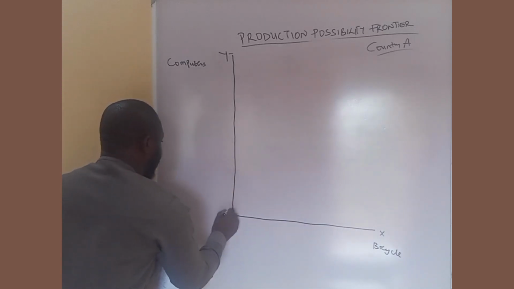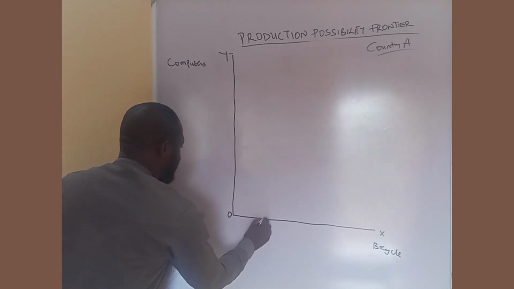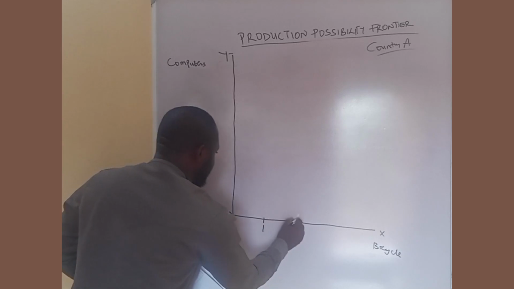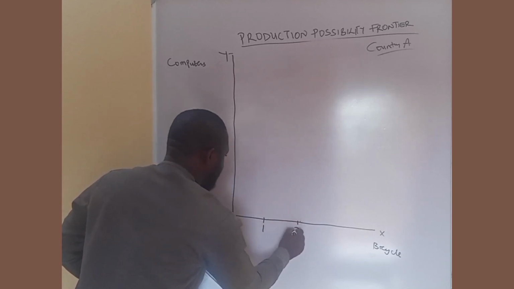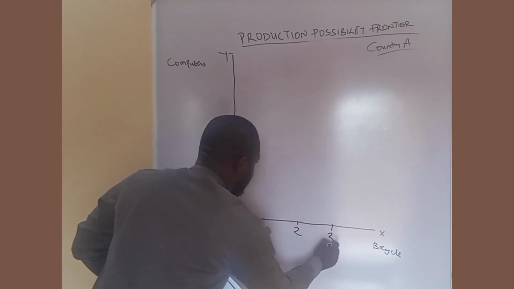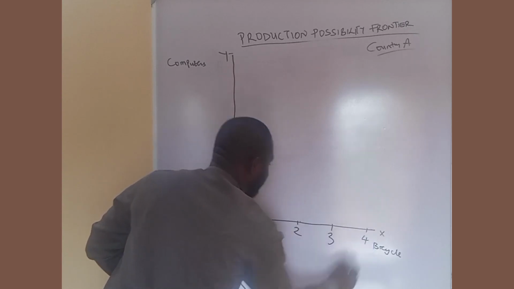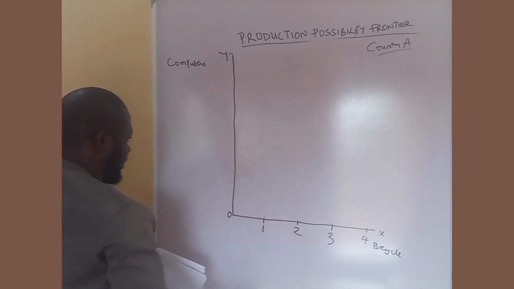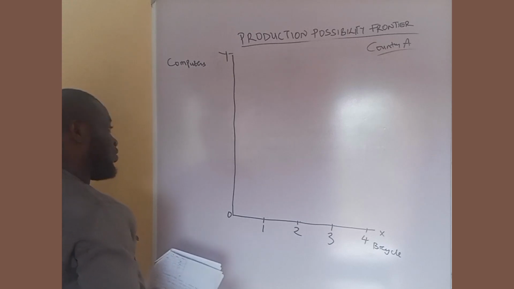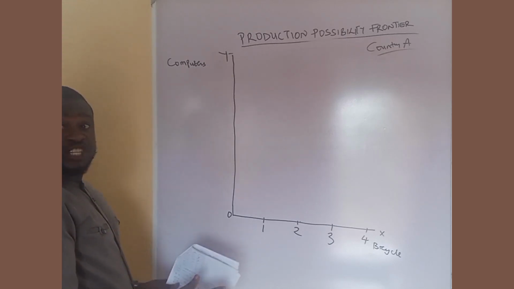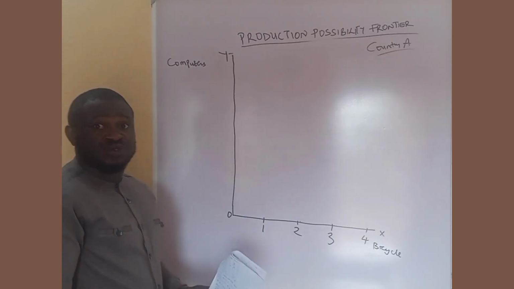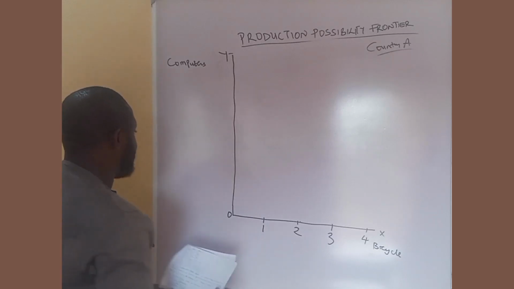So we are going to have a calibration. We're going to calibrate here 1, 2, 3, and 4. The distance might not be equal, but it's going to give us a little approximation of what we would get if we had used the real graph book to do our plotting.